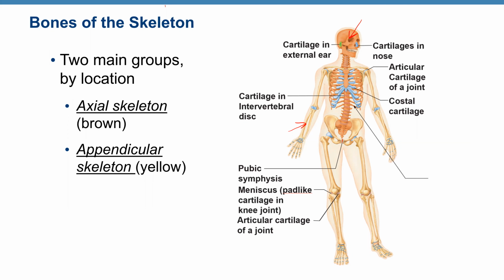Then axial skeleton will include vertebral column and rib cage. And rib cage is made of ribs and sternum. So pretty much we have skull, vertebral column, ribs, sternum that are part of the axial skeleton, and everything else will belong to appendicular skeleton.